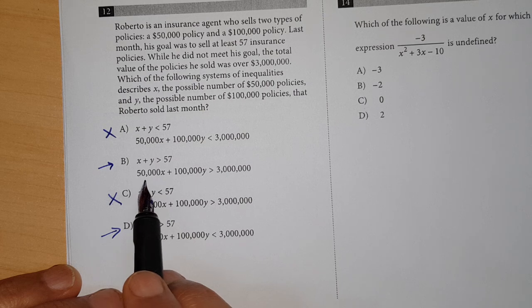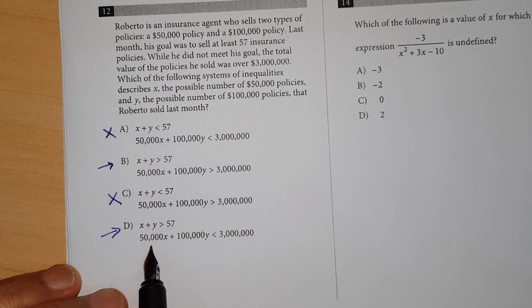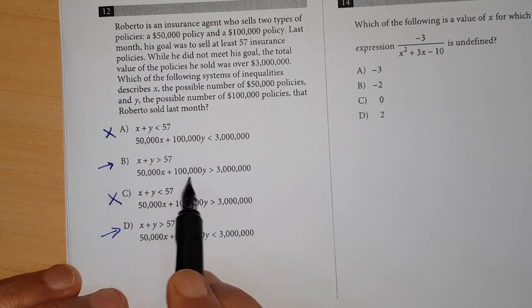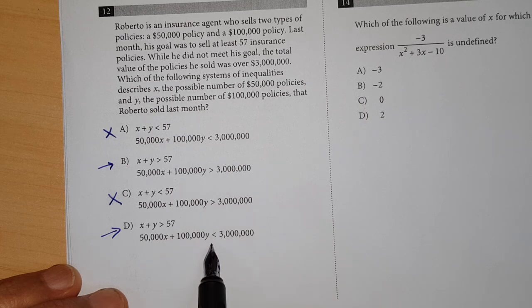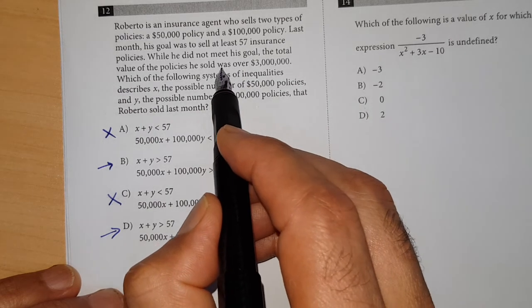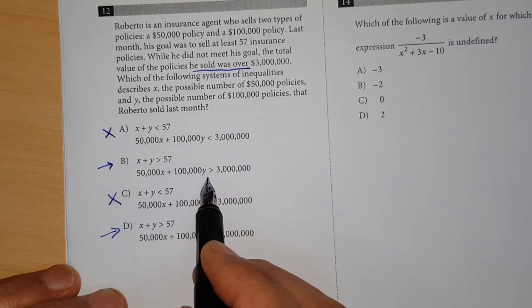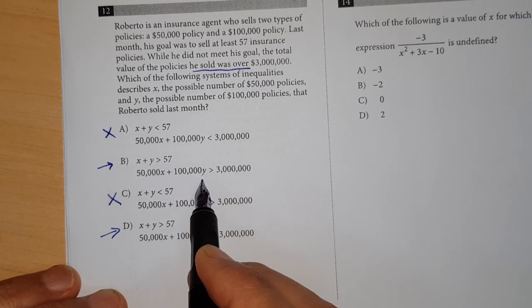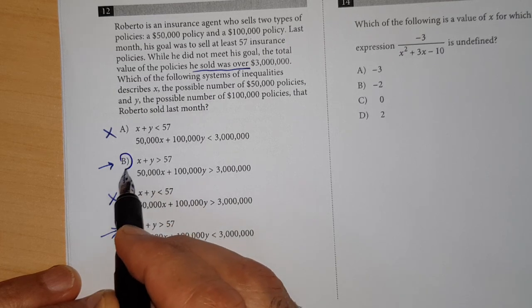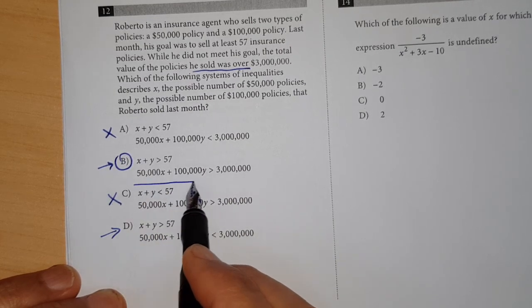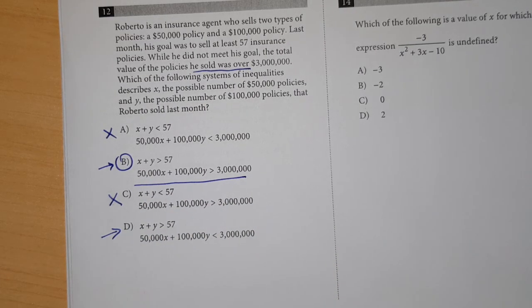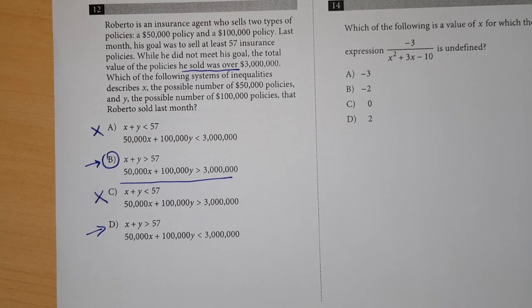Here I have 50,000 times X, and the difference here is more than, and here less than 3 million. He sold over, and over means bigger than. So the answer of 12 is B. Over means the number must exceed 3 million.